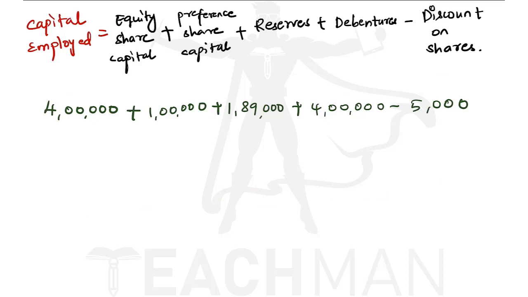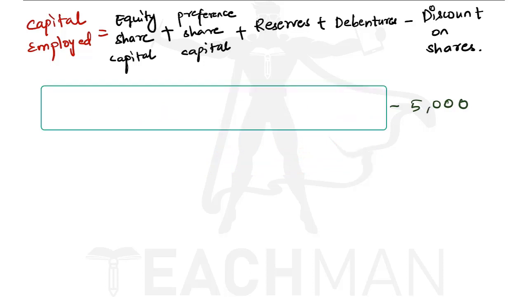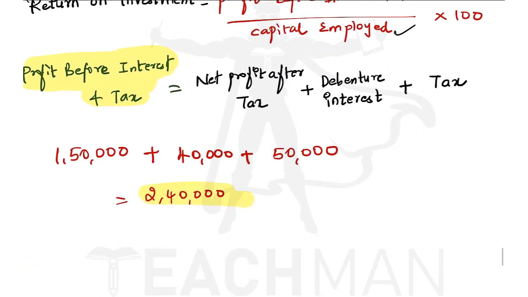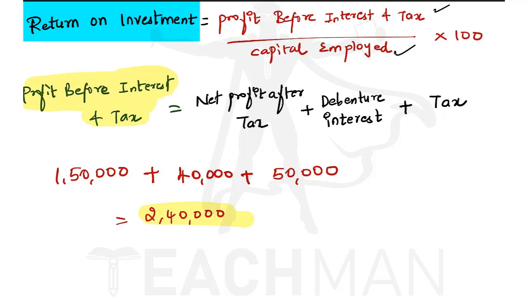Now calculate. 4 lakh plus 1 lakh plus 1,89,000 plus 4 lakh will give you 10,89,000 minus 5,000 will give you 10,84,000. So we have got capital employed, that is 10,84,000. Now let us substitute these both values in the formula of return on investment, that is profit before interest and tax divided by capital employed into 100.